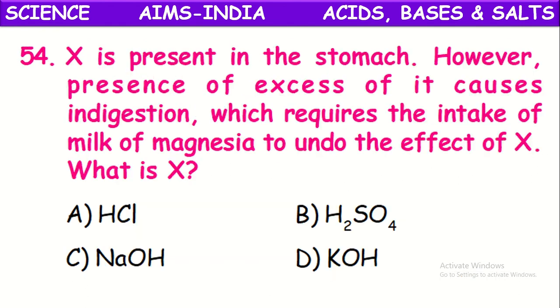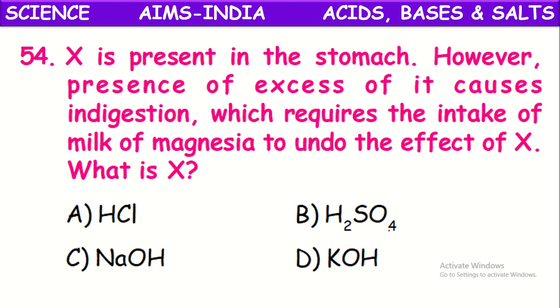Right? Next one. X is present in the stomach. However, the presence of excess of it causes indigestion, which requires the intake of milk of magnesia to undo the effect of X. What is X here? Our stomach produces hydrochloric acid in the form of gastric juice.